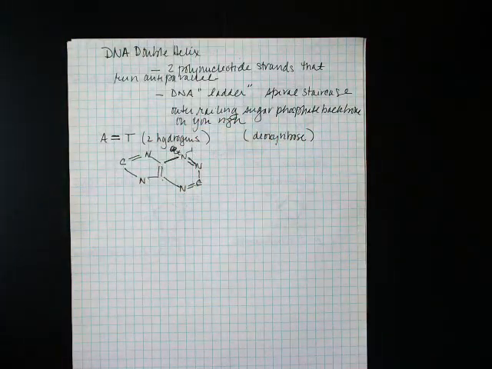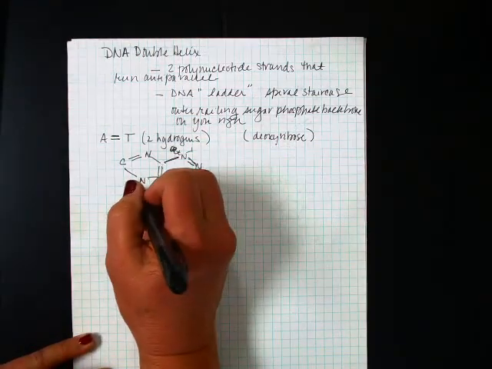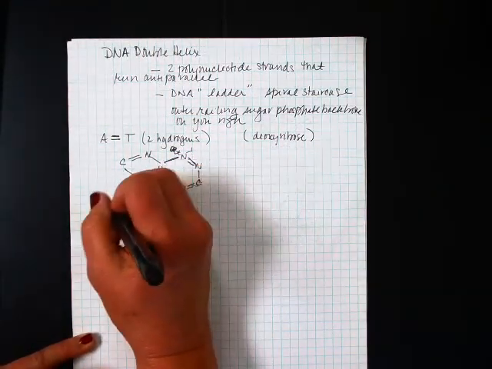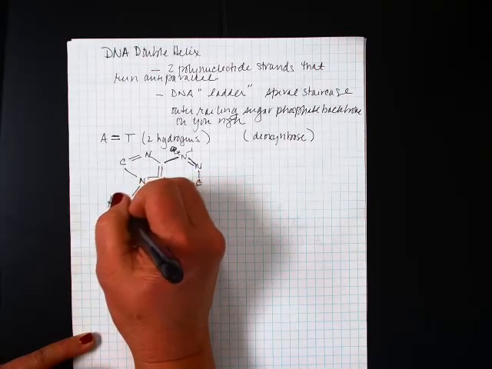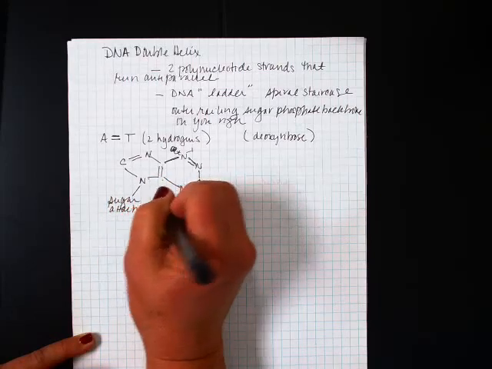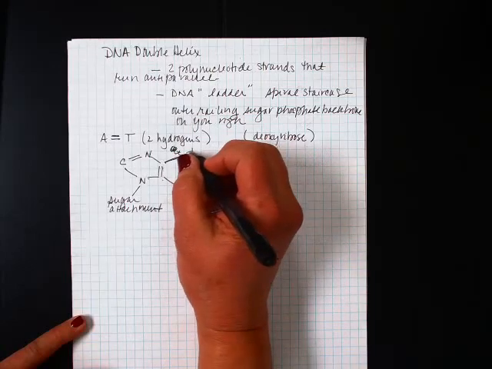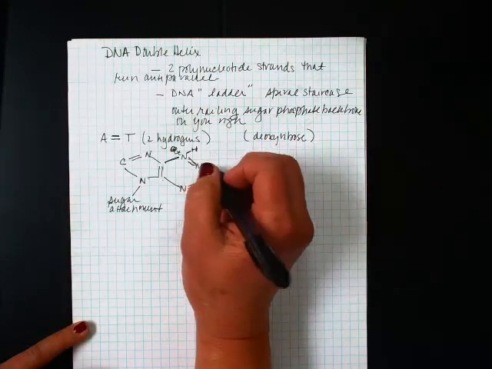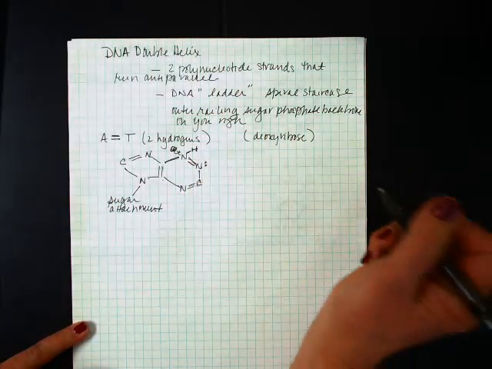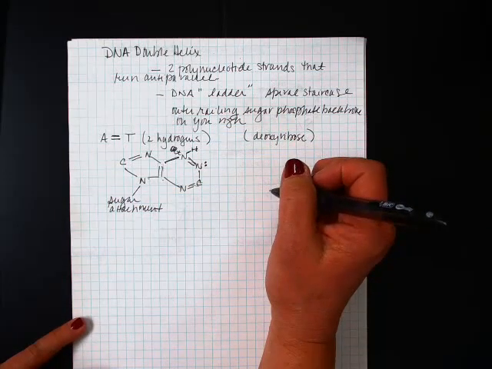So this would be the sugar attachment, or the side of the sugar attachment. Now, this nitrogen has a hydrogen. This nitrogen has a lone pair of electrons. And so for thymine, we have that carbonyl at the top.